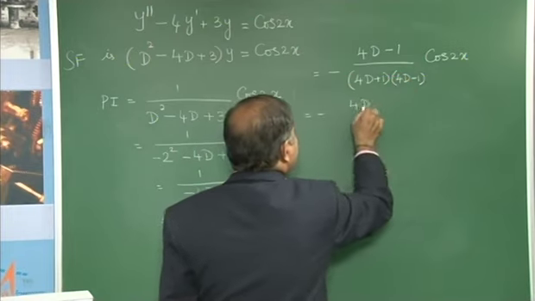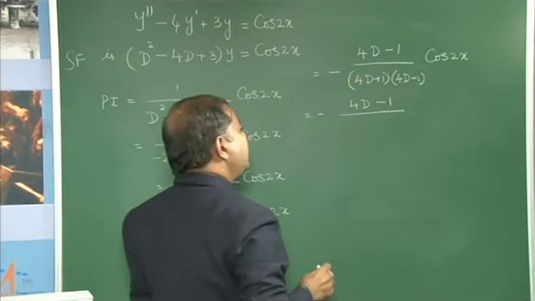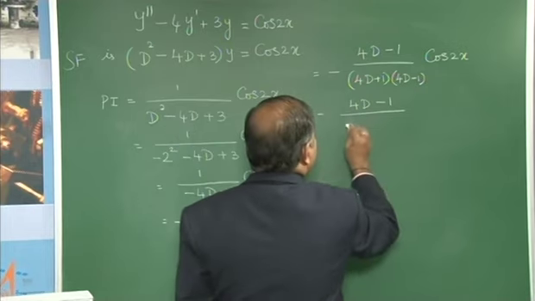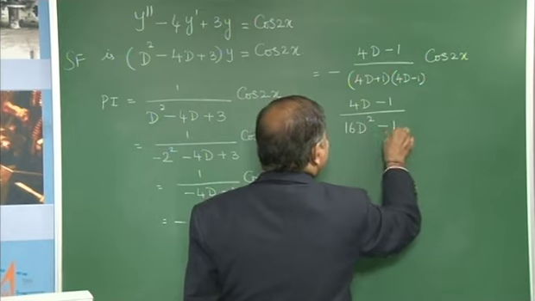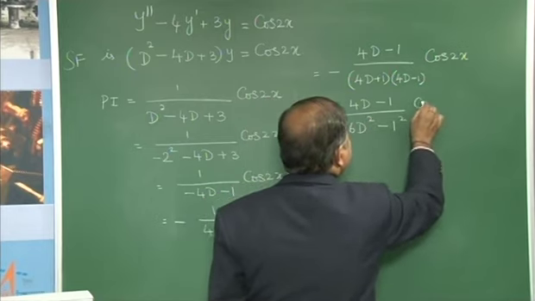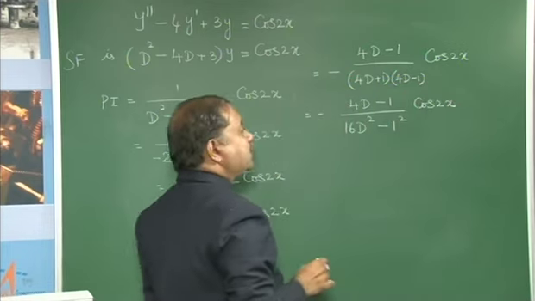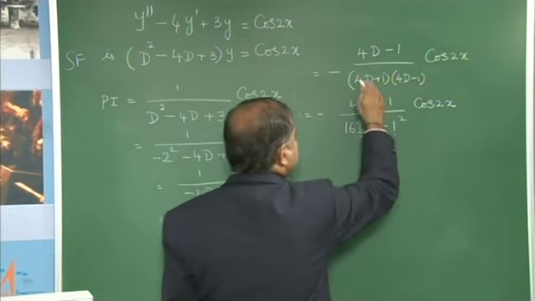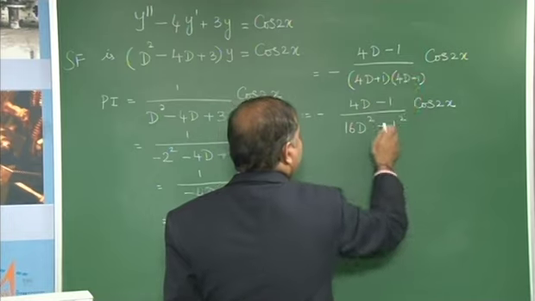What is the advantage? The denominator looks like a plus b into a minus b, so a squared minus b squared: 16d squared minus 1 squared. A plus b into a minus b is a squared minus b squared, so a squared is 4d squared, 16d squared, and 1.